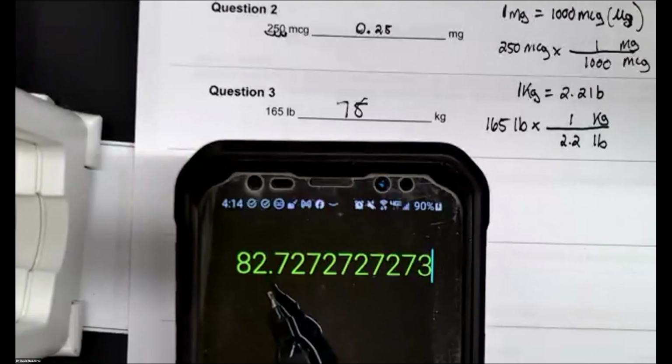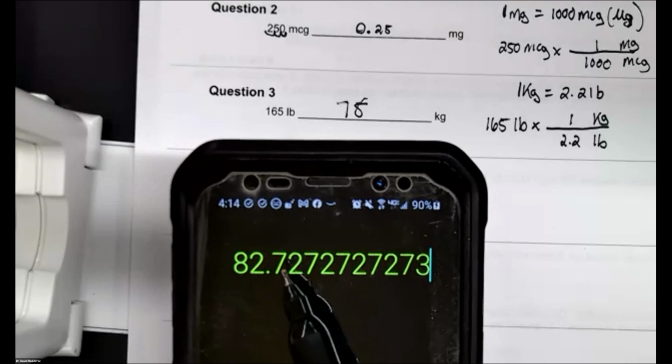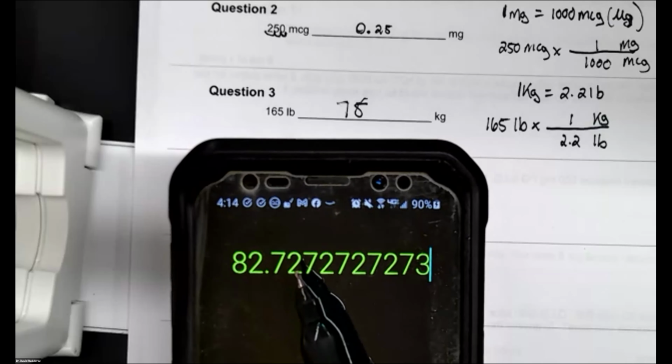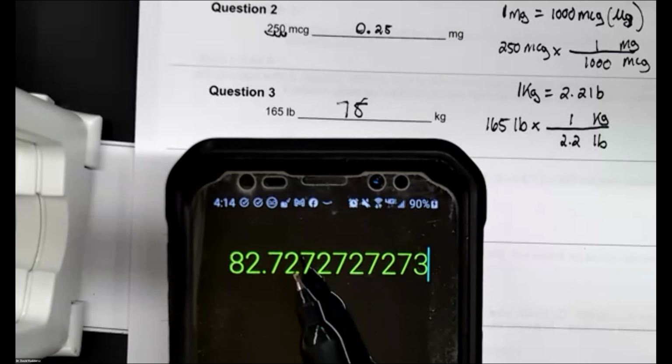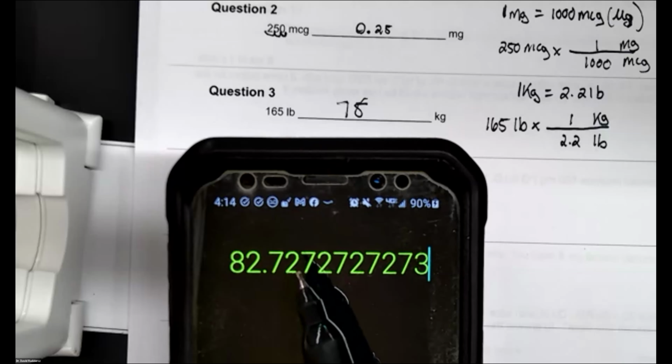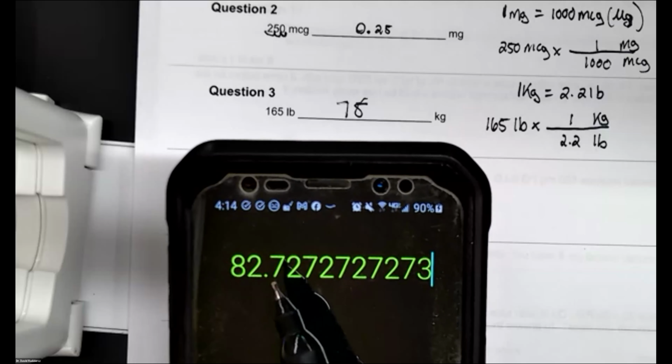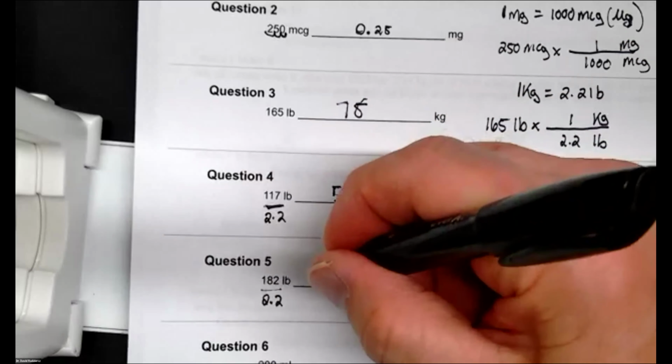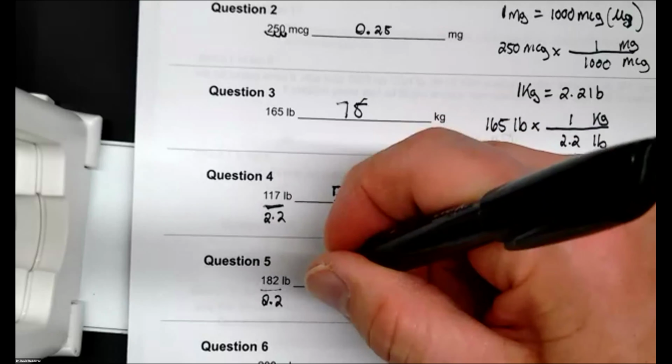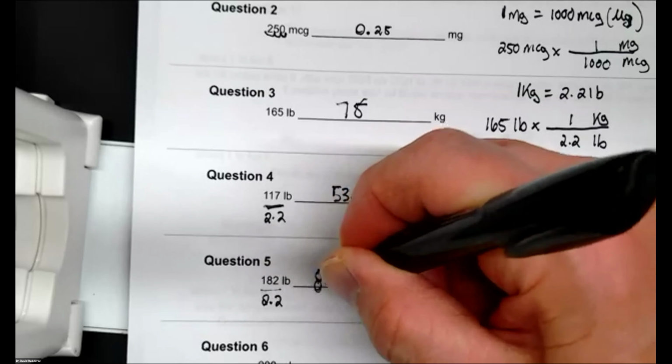So we have 82.72. We look at the 2, right? If that number is 2 or like 4, 3, 2, 1, 0, then we leave the 7 alone. We do not round it up. So we just put our final answer as 82.7 kilograms. Go ahead, Nelly. What's your question?